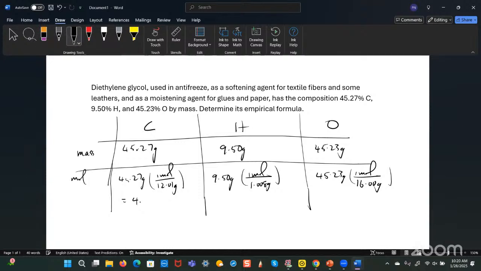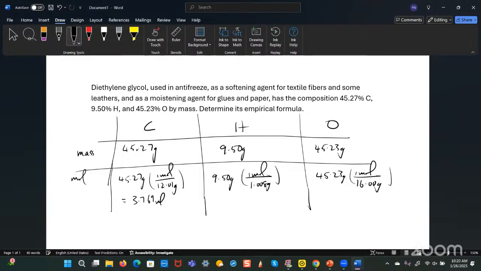45.27, so let me redo this. 45.27 divided by 12.41. According to my calculations, this works out to equal 3.769 moles.